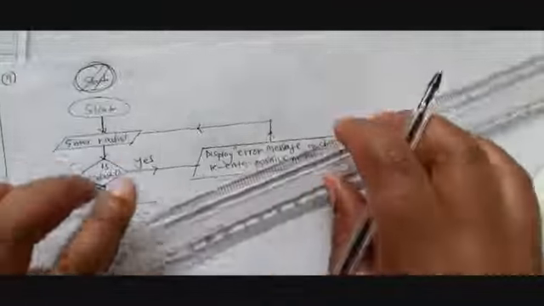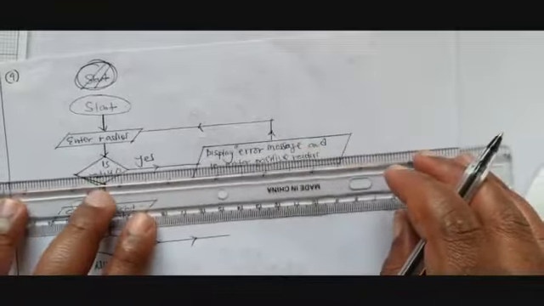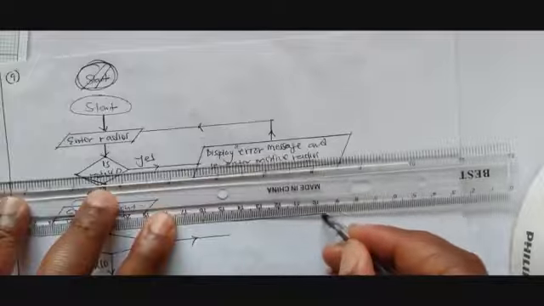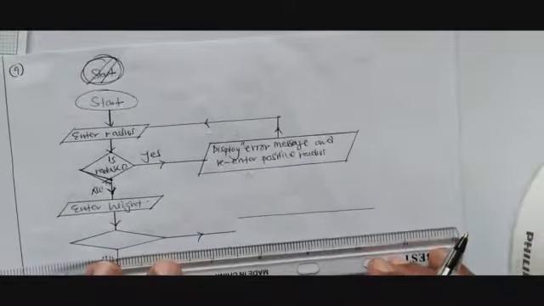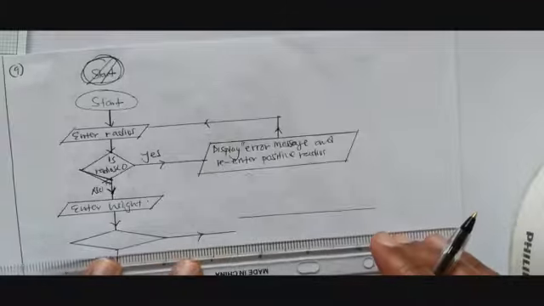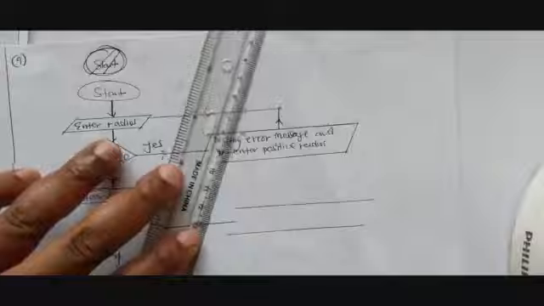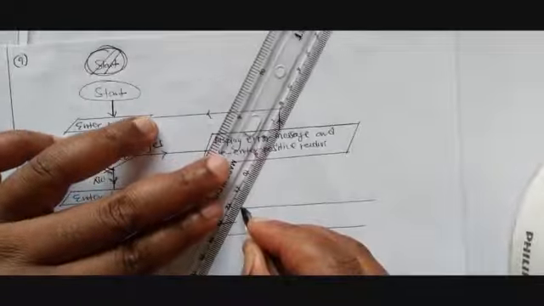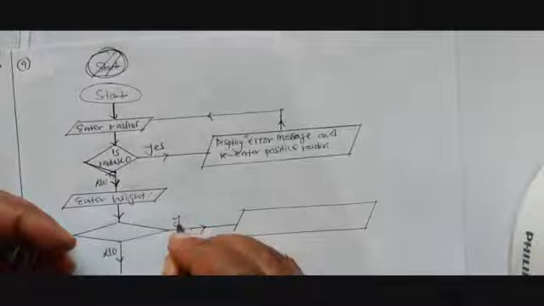Again here it is the same. We need to display error message and re-enter positive height. So we are saying yes.